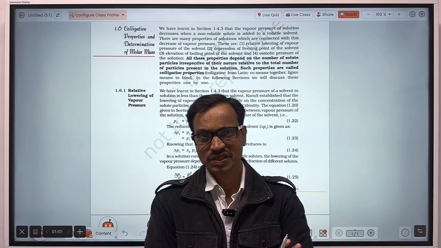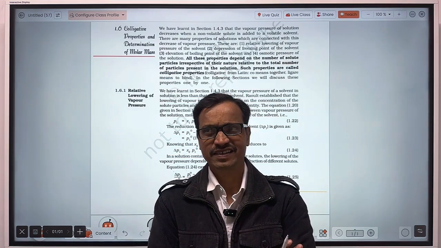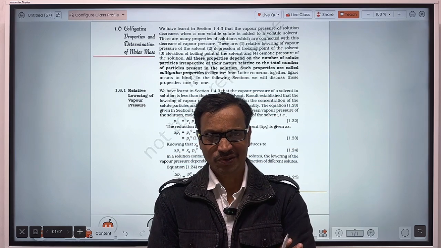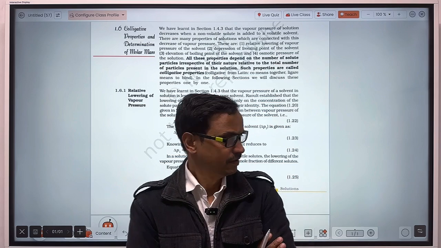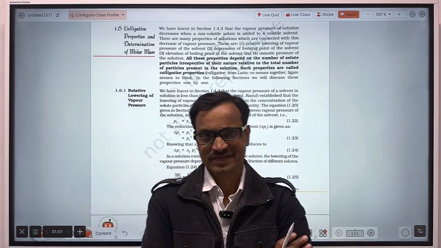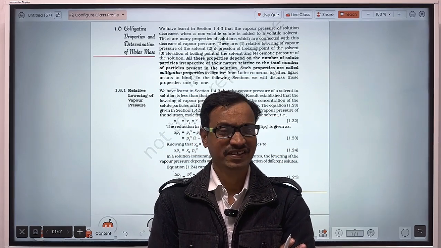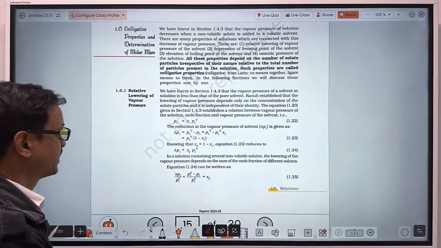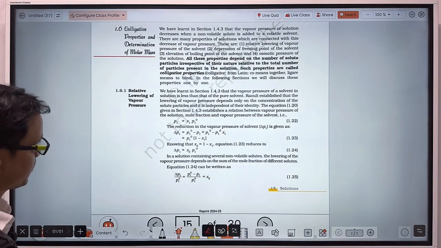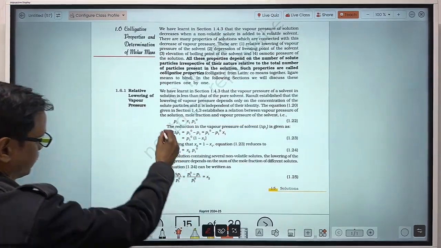But the students who are preparing only for the 12th board examination and have no admission test for JEE Main or NEET will not have to consider this, because in the 12th board examination questions don't ask to derive the expression for relative lowering of vapor pressure. But let's see how it works. The expression is there. I am also deriving it.